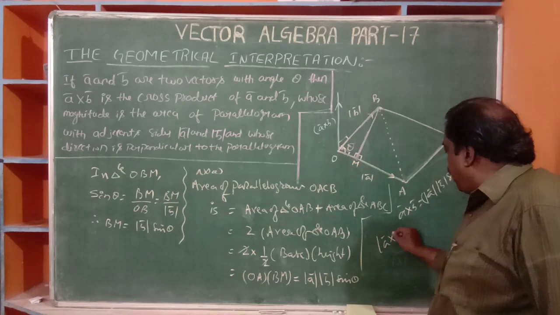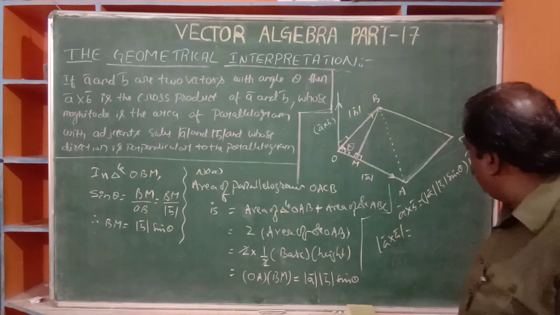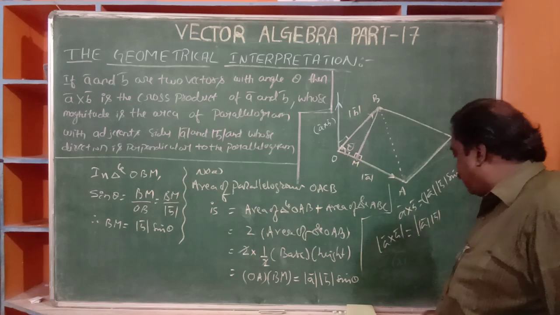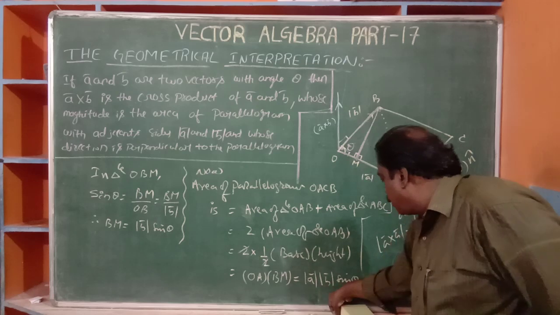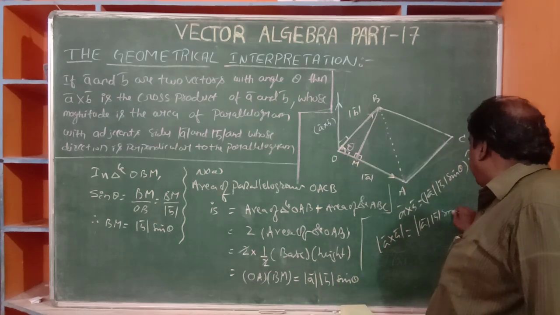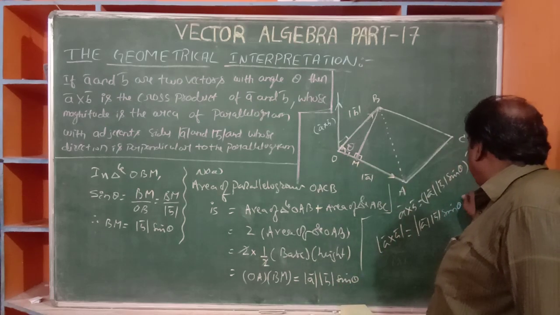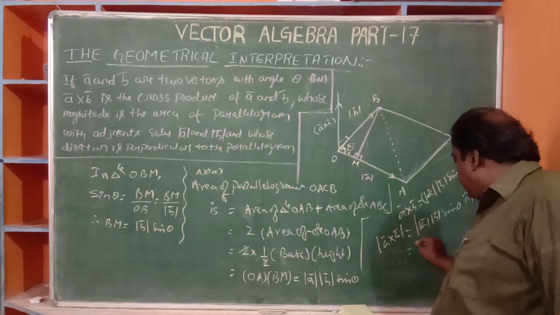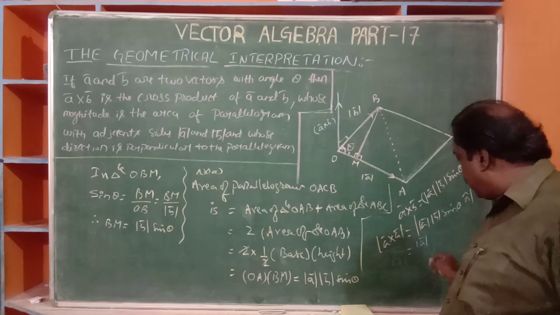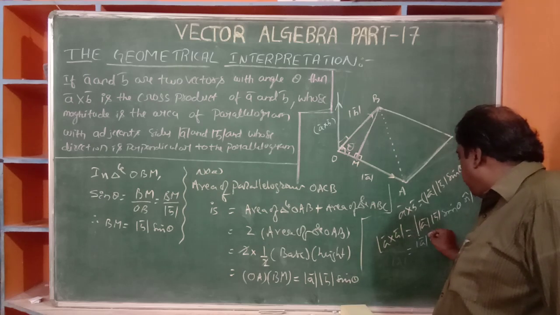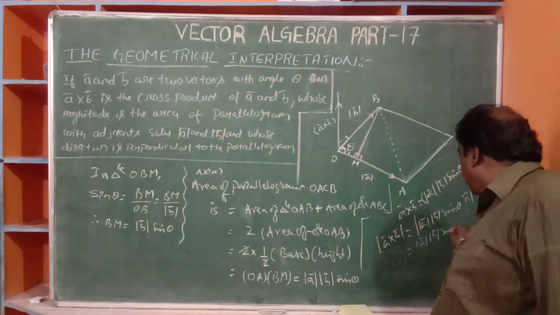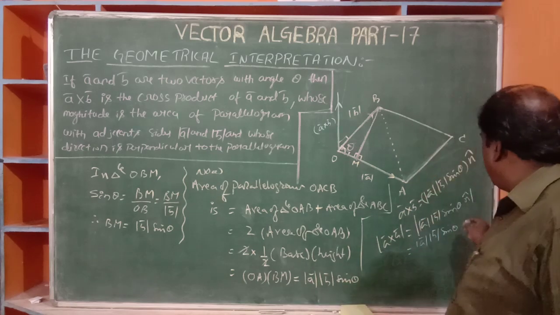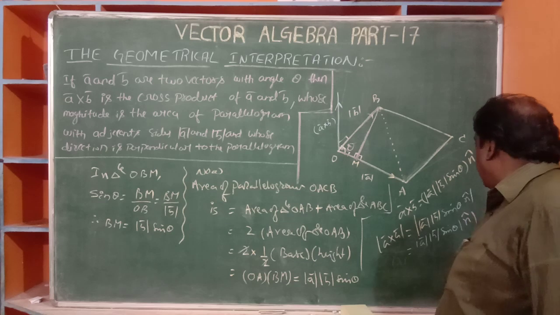Now apply the modulus on both sides. The modulus of mod A bar, mod B bar sin theta n cap: for the numbers there is no modulus, only mod n cap is there.